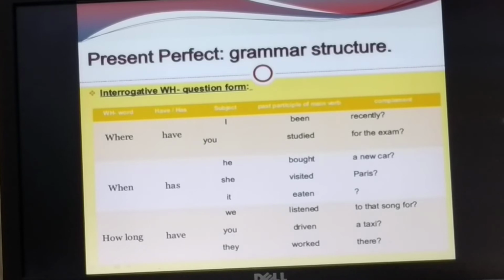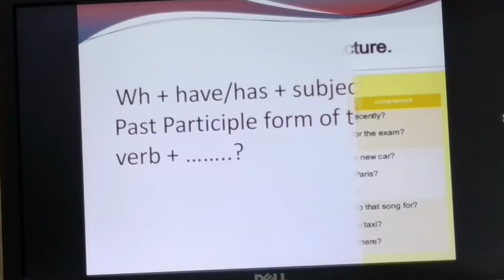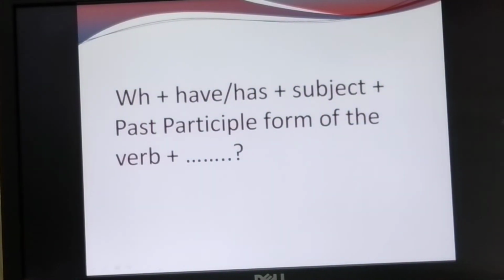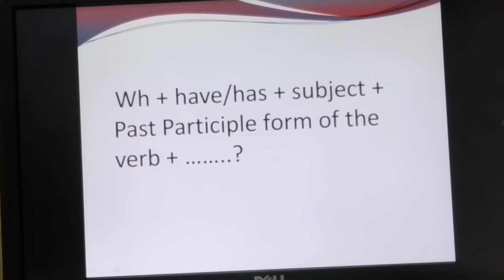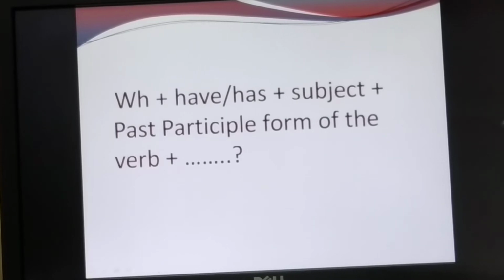When has he bought a new car? Okay. Now we will know how to form the WH question: we have to add WH plus have or has plus subject plus past participle form of the verb plus extension and then question mark.